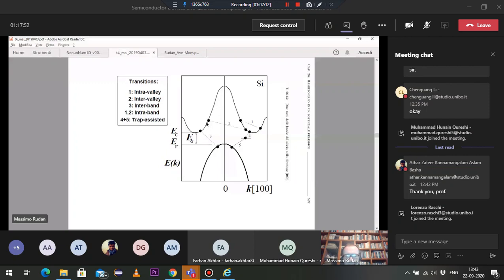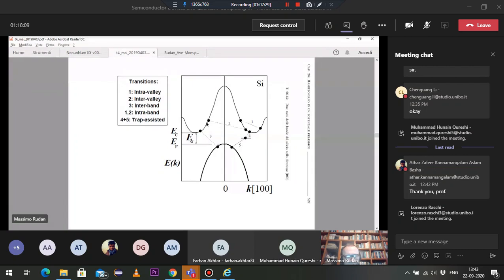And these transitions may be classified. Actually, there are two methods for classifying the transitions. One method is considering the other object with which the electron is colliding.